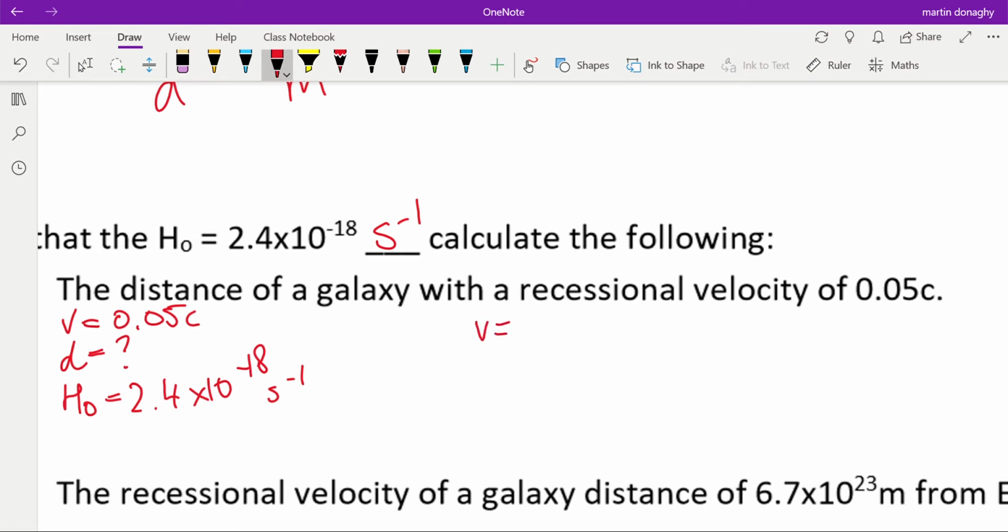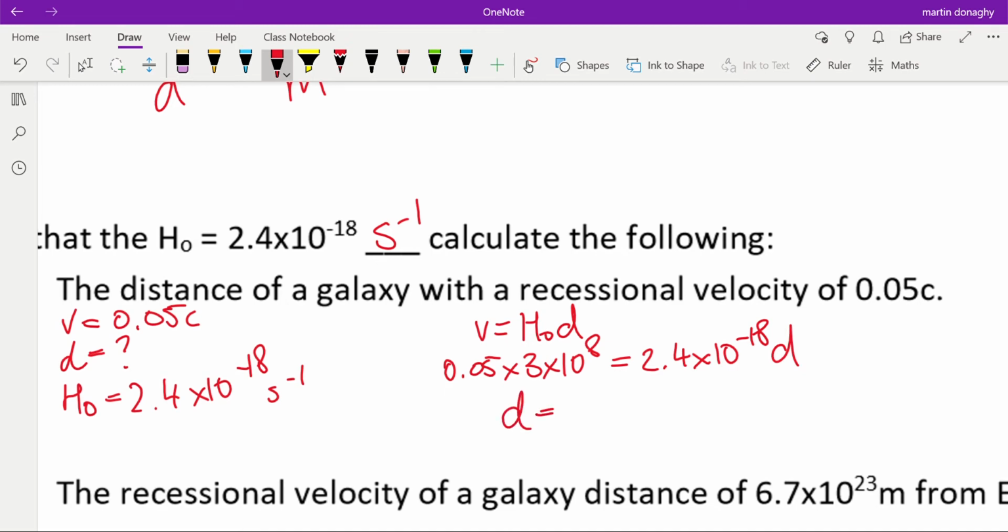So v equals H0 d, sub in our values, so 0.05, we need to multiply that by the speed of light to get it into meters per second, equals 2.4 by 10 to the minus 18 times d. Dividing through gives you that the distance is 6.25 by 10 to the 24 meters.